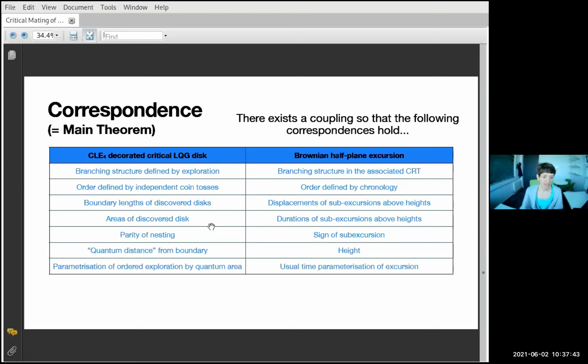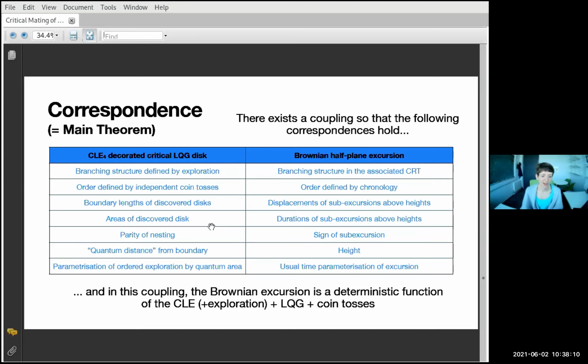So that's an interesting observable that we can define on the left-hand side from this correspondence with the Brownian half-plane excursion. And finally, just to briefly mention, what does the time parameterization of the Brownian path correspond to? This really corresponds to a kind of global time parameterization of our ordered CLE4 exploration, where the time parameterization is by quantum area. Okay, but I won't dwell on that.